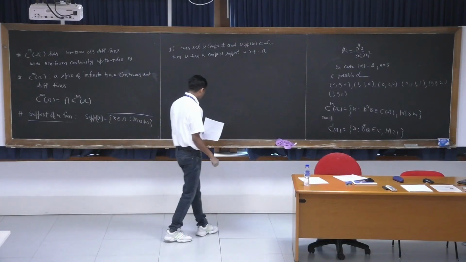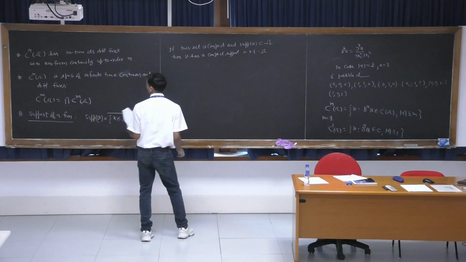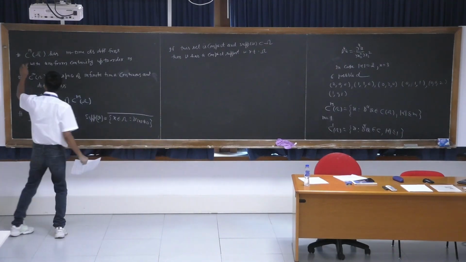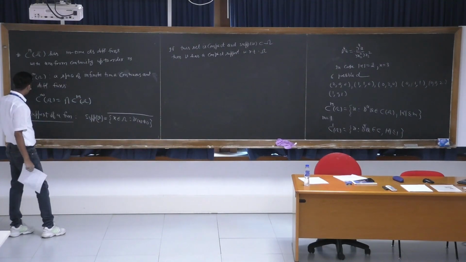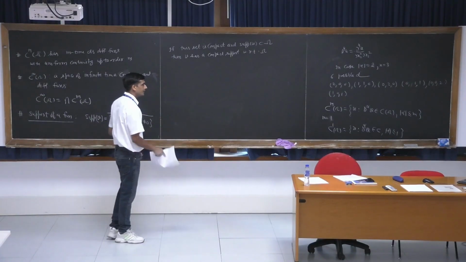So if we have one more set, if you define here C^m, this is just C infinity, this is support, and one is compact support.